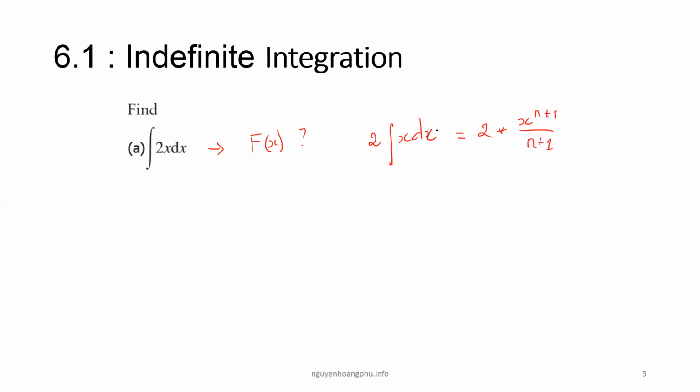If you consider n here is equal to 1, right? Therefore, we will have 2 times x^(1+1) divided by 1+1, so it will be x power 2, or x squared, right?